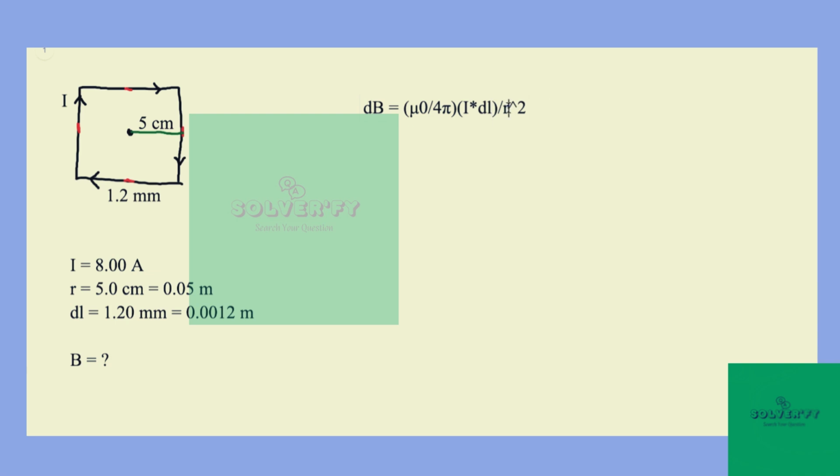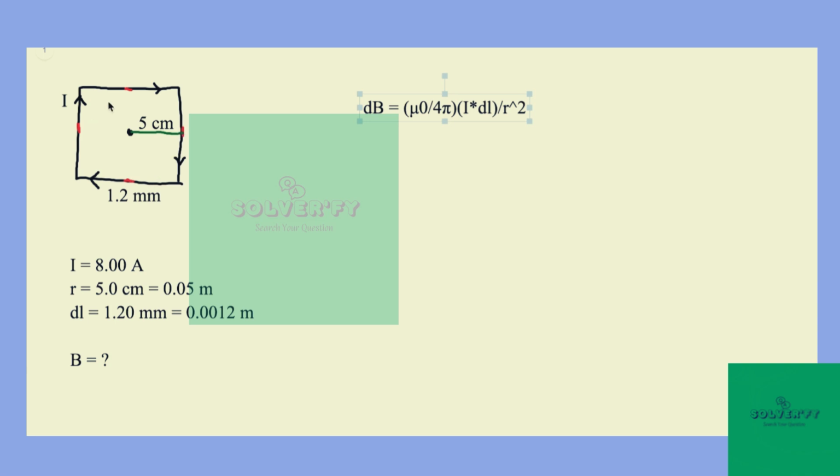And again, our r, squared, is going to be 0.05 meters squared, because that's the distance from the point to the segment that we're considering. So this is going to be the contribution from just one of these little segments.